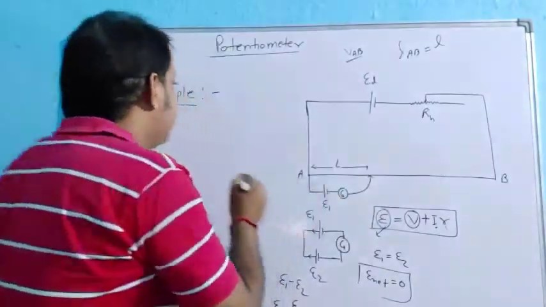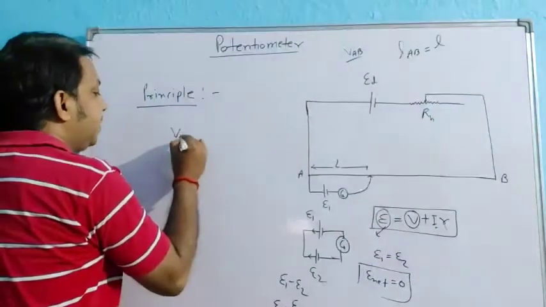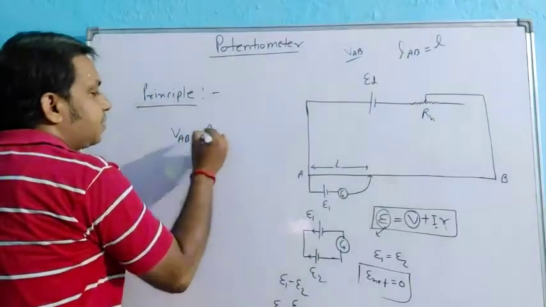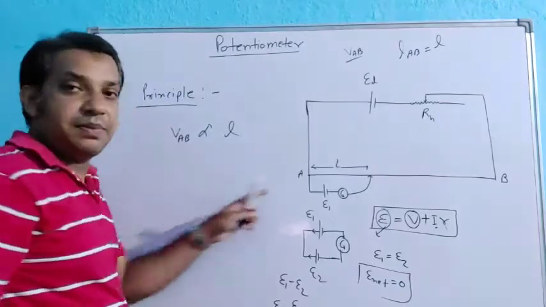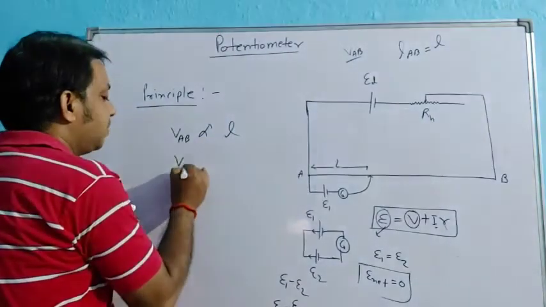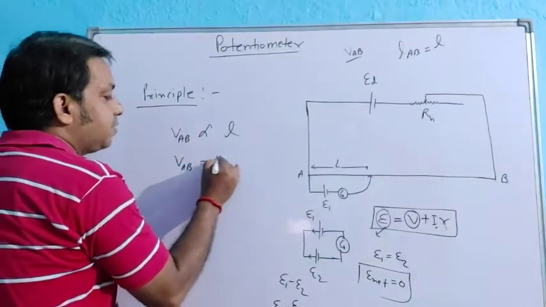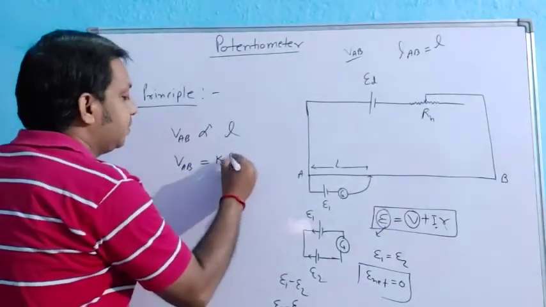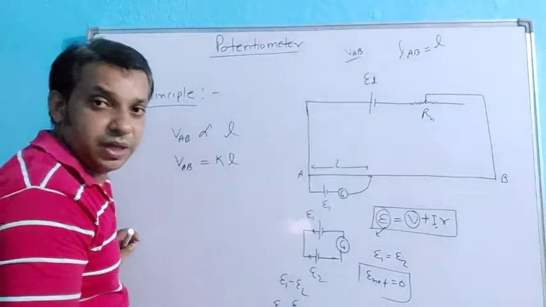Here your VAB is directly proportional to the length of this AB wire. Whenever you remove the proportionality sign, you use a constant. I am using the constant K. So VAB is equal to K into L.